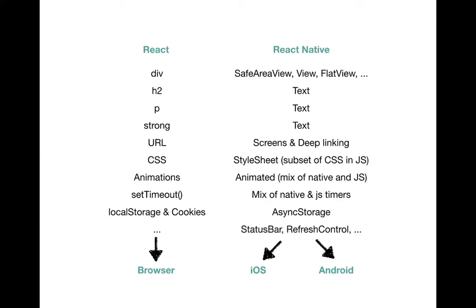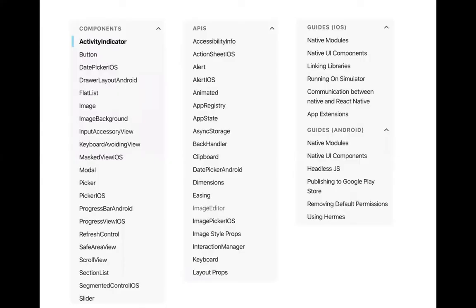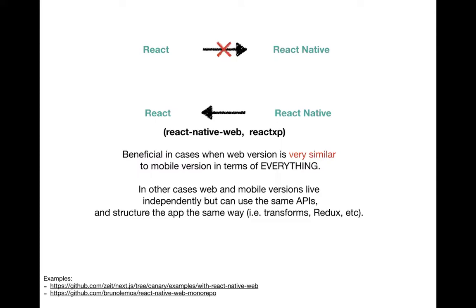What it means? It means that, another screen just to show you some components available in React Native that don't really make sense for web. A lot of things here. That's the whole point of the slide. So, long story short, React Web into React Native, it's not possible.